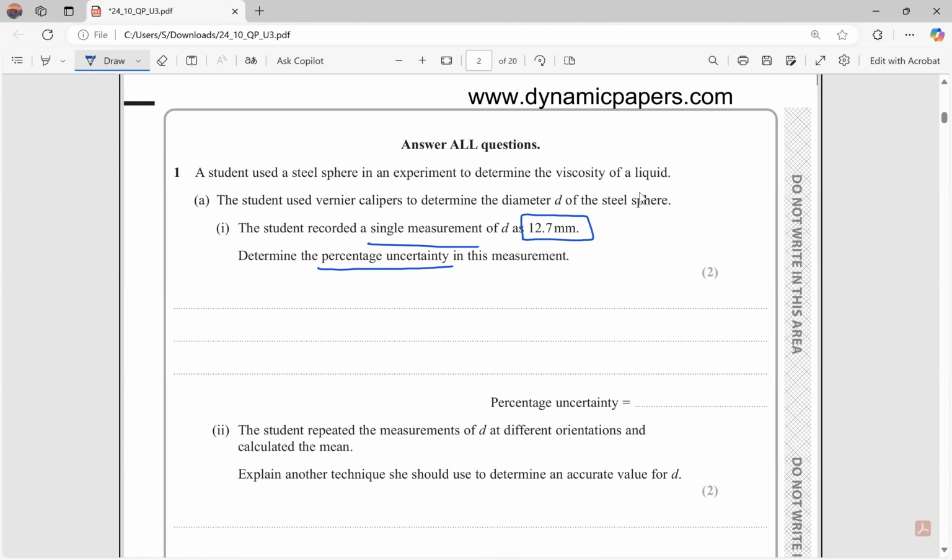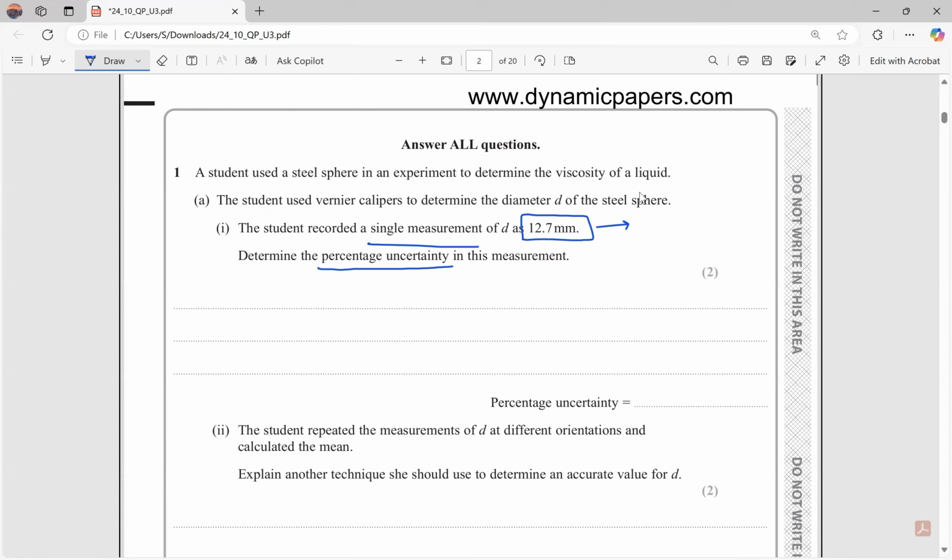In any such case, no matter whether that's a vernier calipers, a meter rule, an ammeter, whatever device it is, you're first going to find the resolution. The resolution is the smallest measurement that a device can make, which you can find out from the reading that it measures.